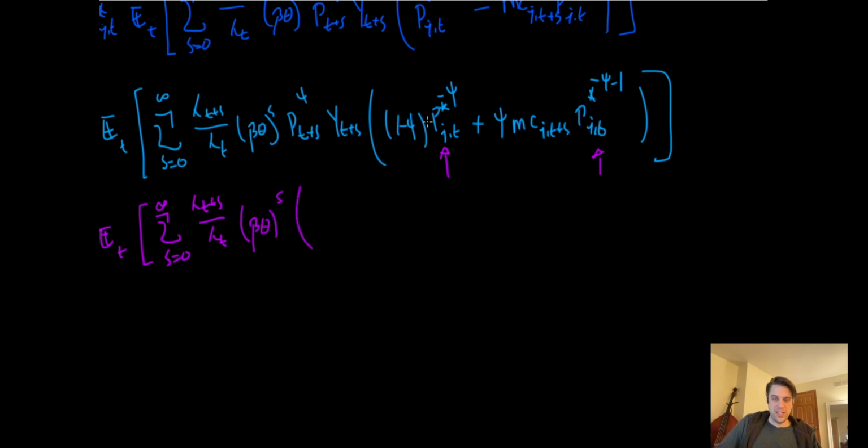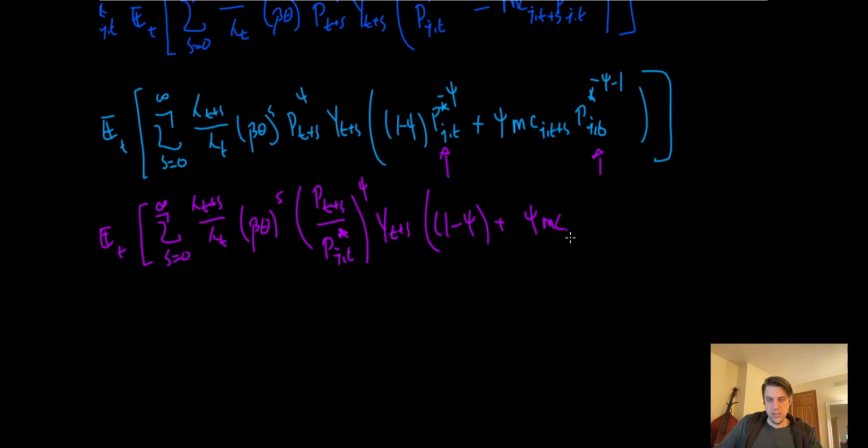I'm going to put the minus psi back in here, so it's going to be pt plus s over pjt star to the psi yt plus s times 1 minus psi plus psi mc jt plus s times pjt star to the minus 1.